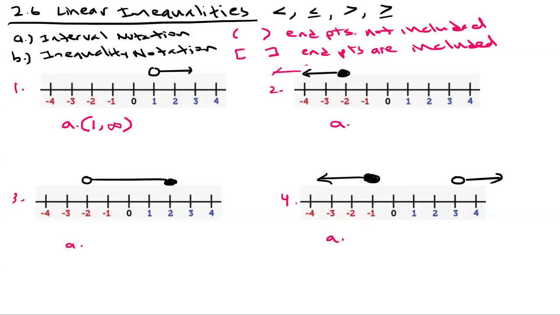Where is that direction going? Infinity. Good. So this is going to be negative infinity. Again, it's infinity or negative infinity, and I put a parenthesis there, and it's going to -2. For -2, that will be a bracket because it's filled in.